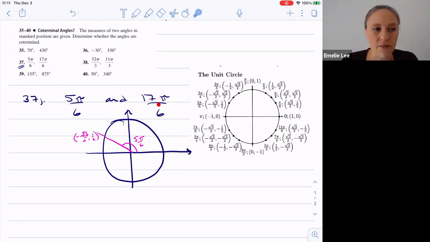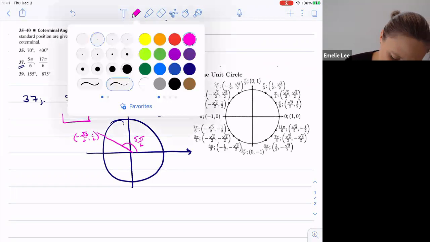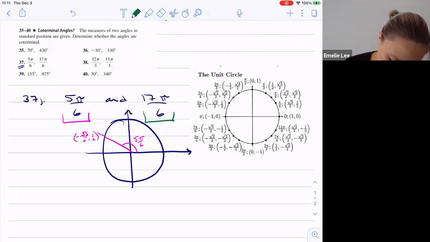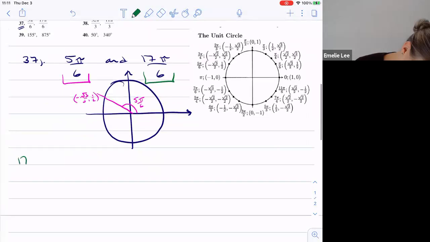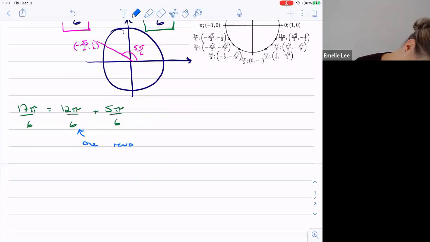Now I'm going to focus on 17 pi over 6. So we know that 12 pi over 6 is a full revolution, right? And so here, let's do this to indicate which color is which. So 17 pi over 6, I can rewrite as 12 pi over 6 plus 5 pi over 6. Notice that 12 pi over 6 is 1 revolution, so it doesn't actually do anything.